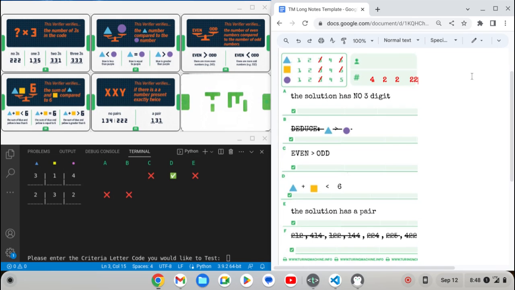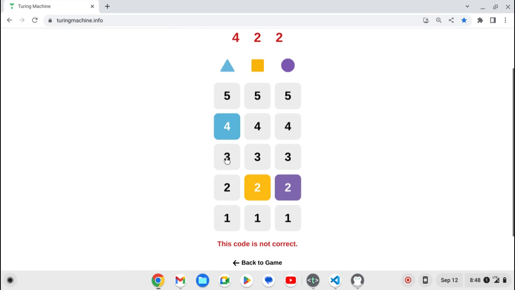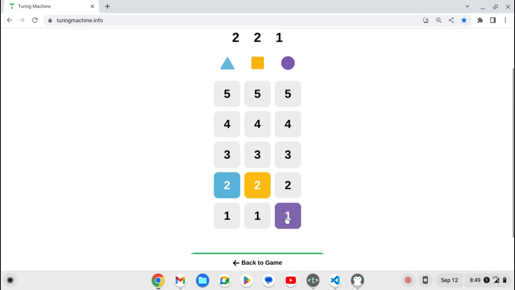So I think it's going to be 2, 2, 1. I think the idea was correct, that triangle is larger than circle, but it's going to be 2, 2, 1. All right, let's try that out. 2, 2, 1.